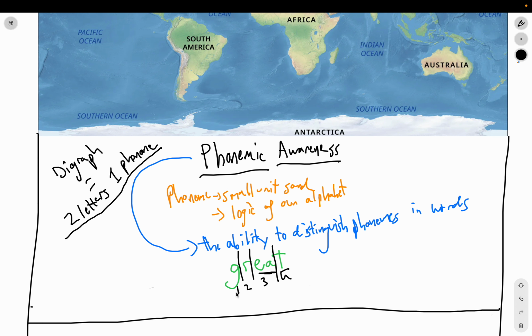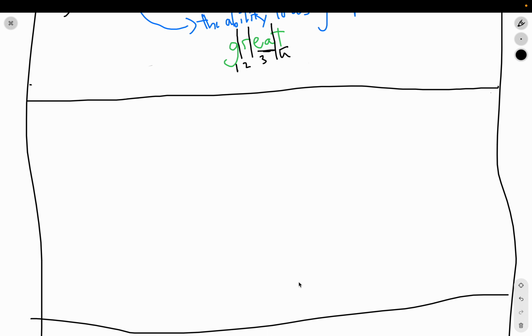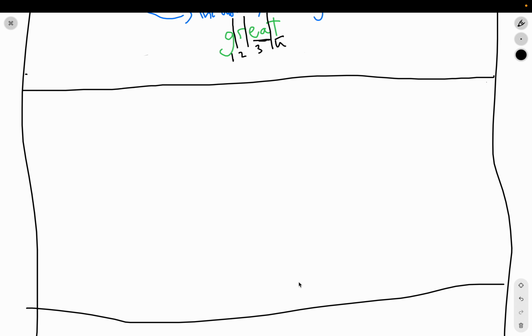I have just demonstrated phonemic awareness successfully. I've shown you that I can tell that there's 4 separate phonemes in the word great. Now, for many people who are literate with the spelling and writing of English, we kind of take phonemic awareness for granted.